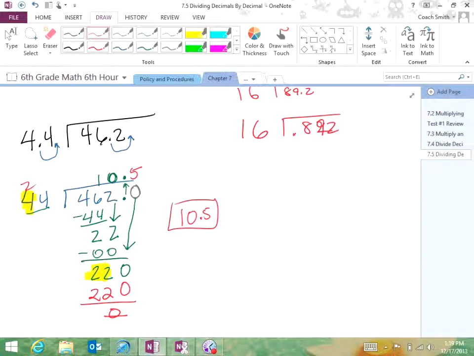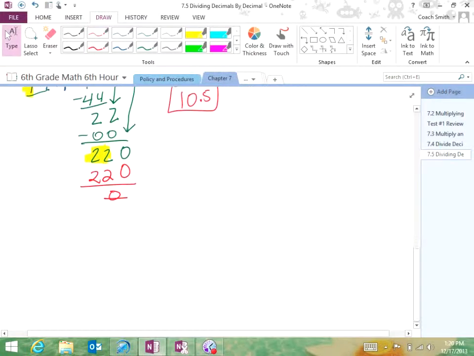All right, this one here. Number 18 is 2.6 into 584.61.